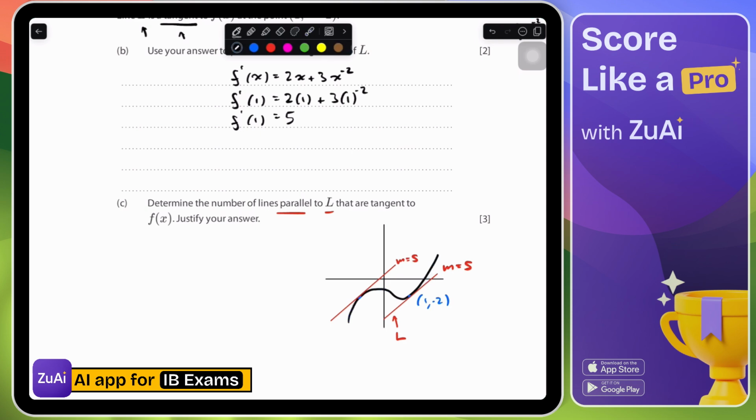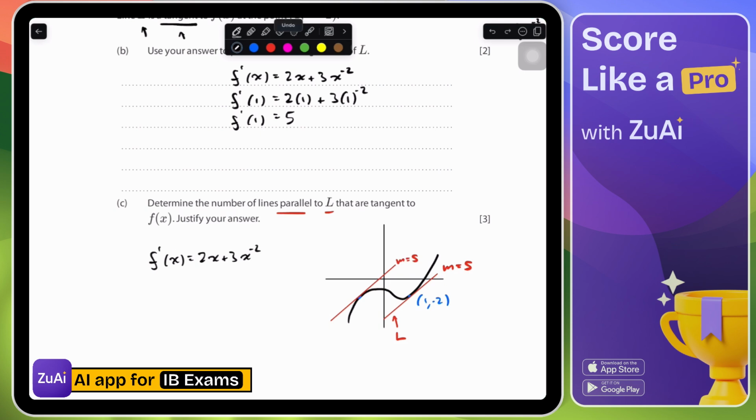So in this case, we know our output. We know the slope has to be 5, but the question is how many different x's can we substitute that will make the slope equal to 5? Here, once again, is our slope function, f'(x) = 2x + 3x^-2. We don't want to put in an input x.